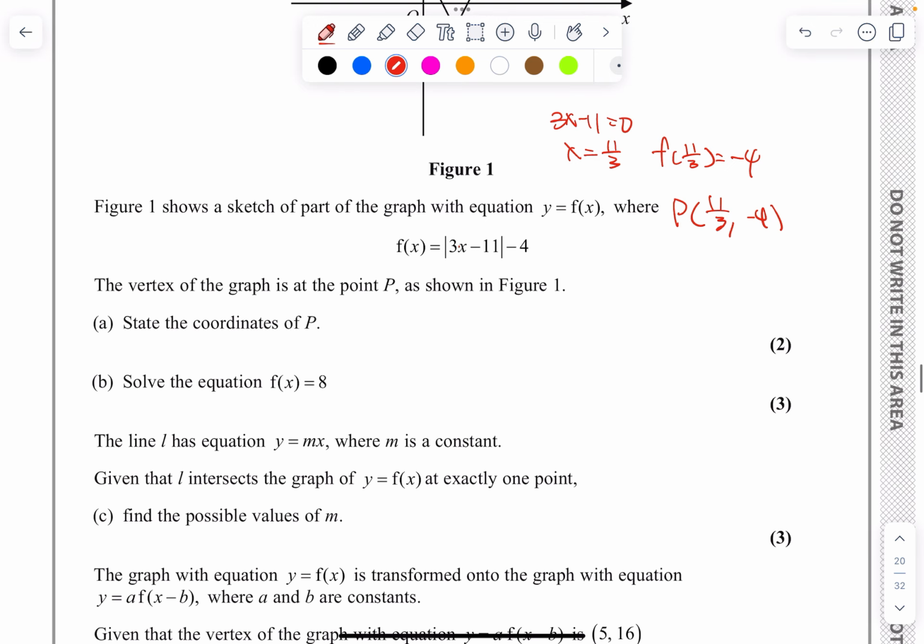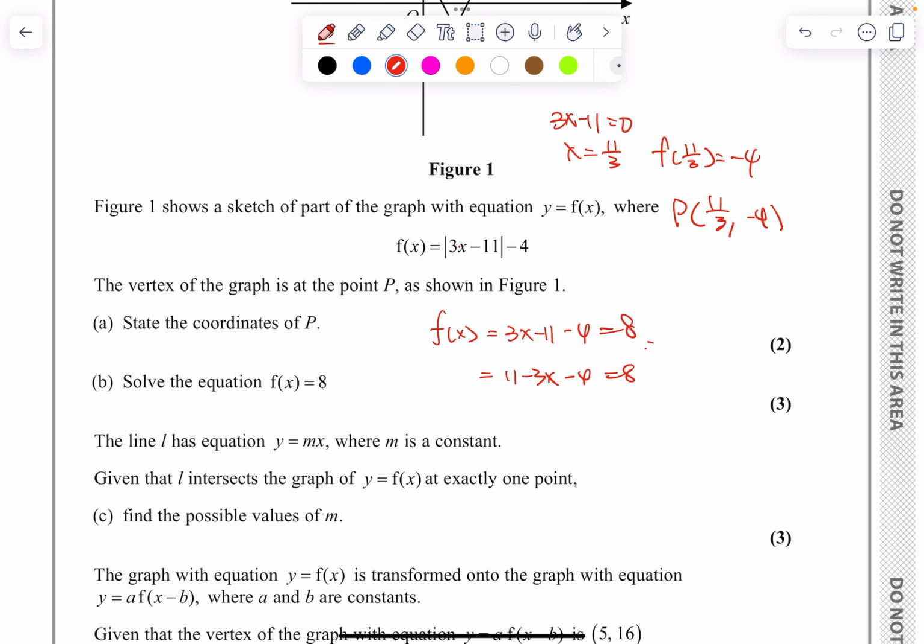Solve f(x) equals 8. Now obviously there will be two solutions, either this or this equals 8.